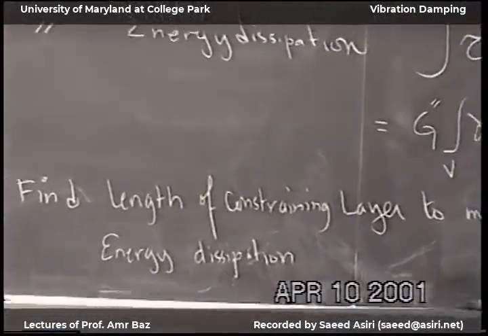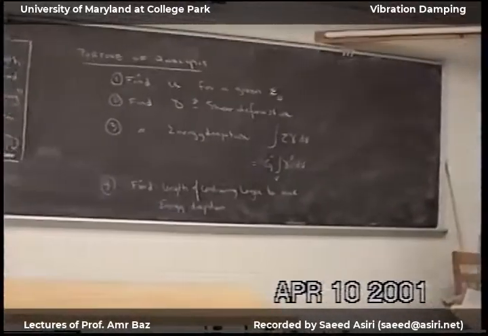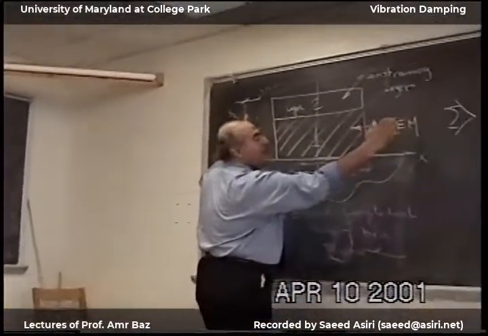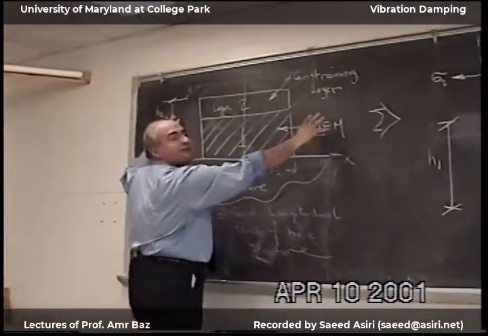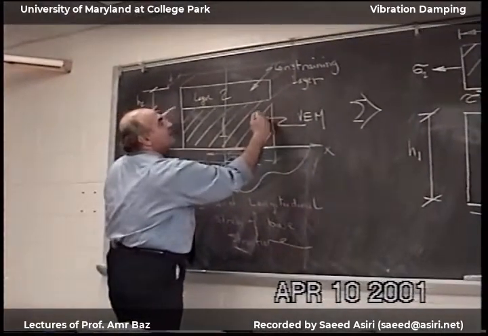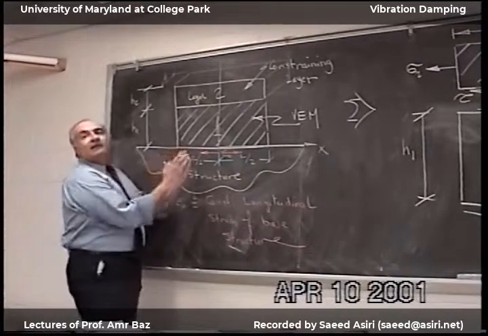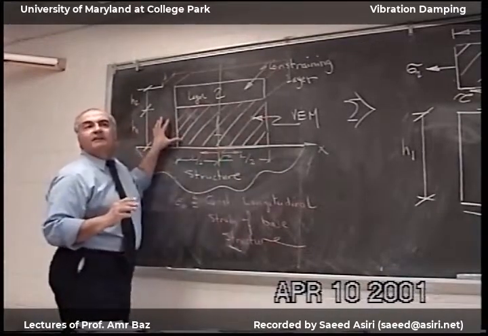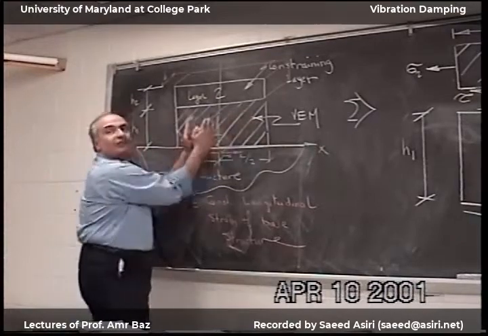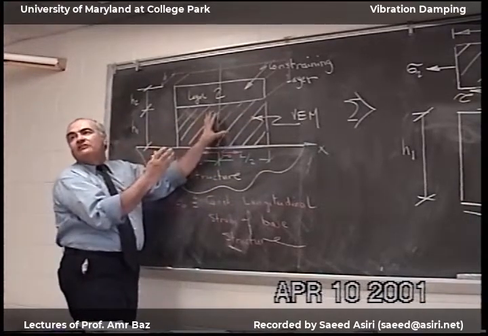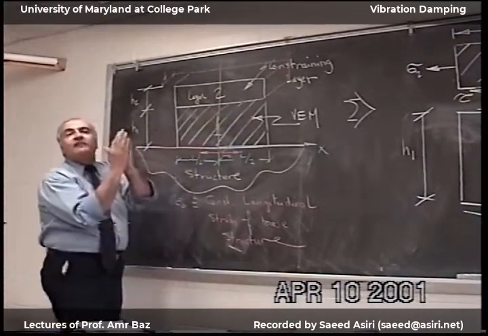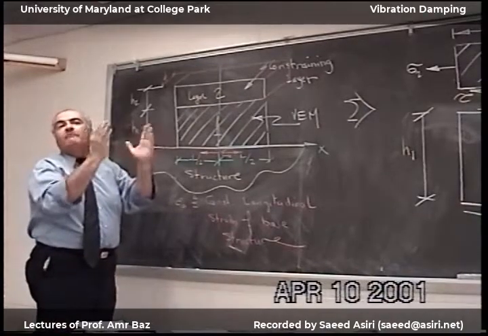Okay. If the length is very big, I have only the edges active by their motion, the rest is not. And so I'll have some energy dissipation. If this is too short, I don't have enough to dissipate energy because the volume is very small. So there must be somewhere in between.